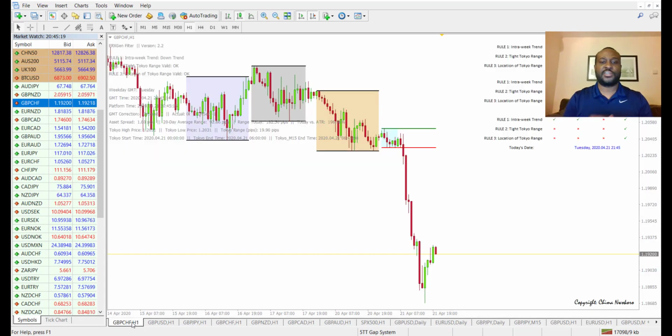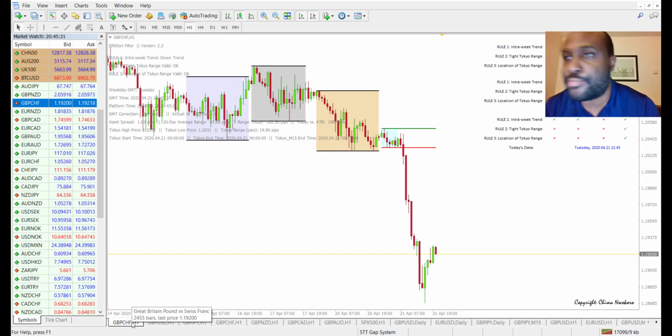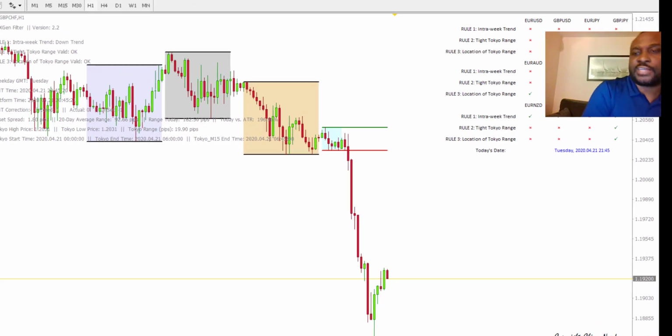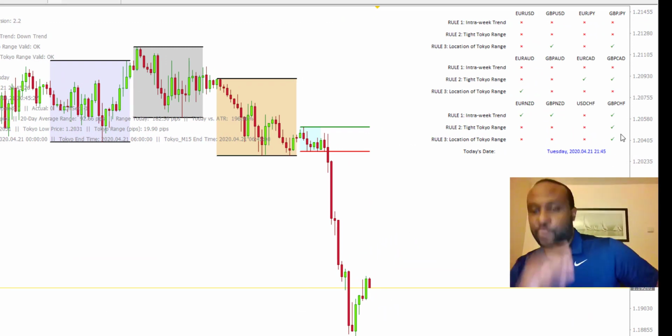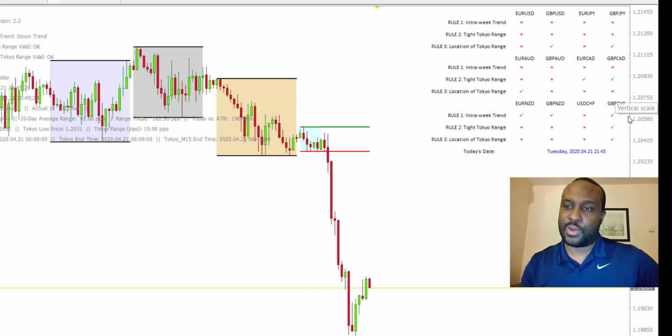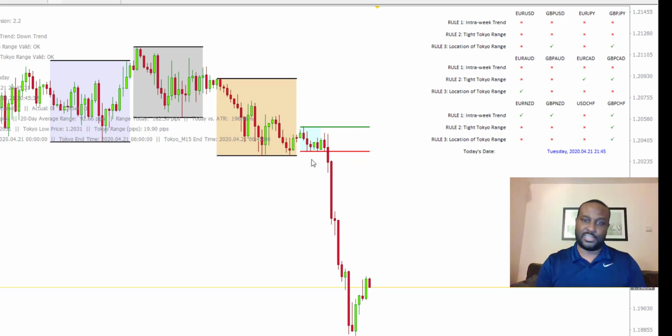Now, if you are trading something like our ARX Gen breakout system, which you can see today, we only have one opportunity show up, where all the three rules of our strategy were met, and that was GBP CHF, and we can just see what price did, just completely slaughtered.